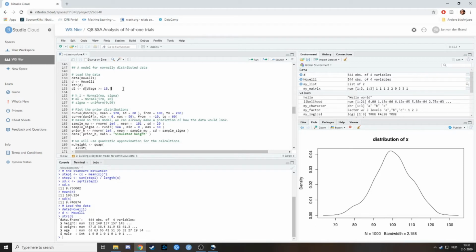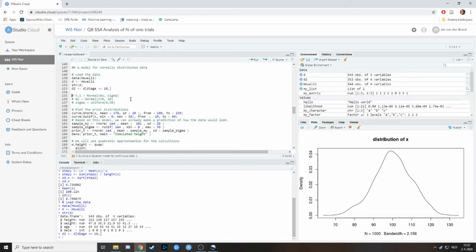Not so much anymore, unfortunately, but still. So from this data frame we see that there's 500 and a bit people, and height has been collected, age has been collected, weight has been collected, and there's an indicator for whether someone was male or not. And from these people we're gonna select the adults.